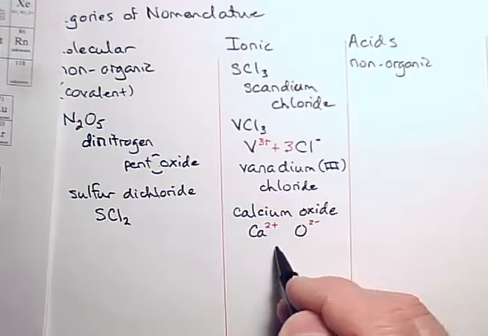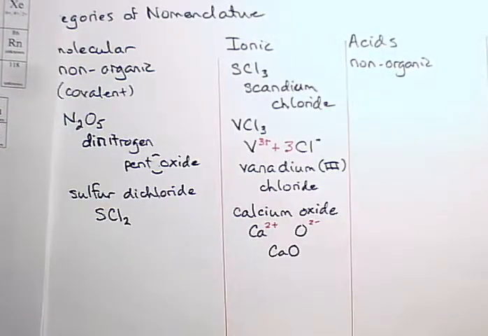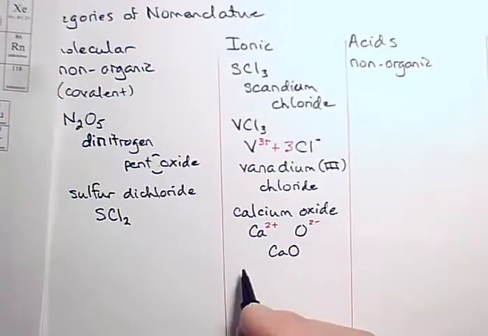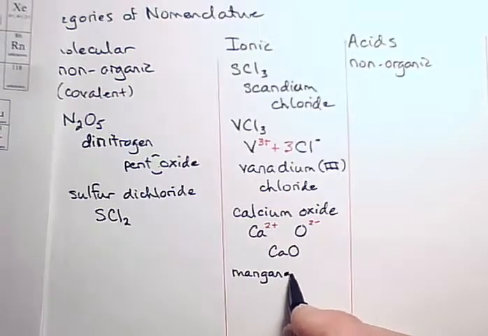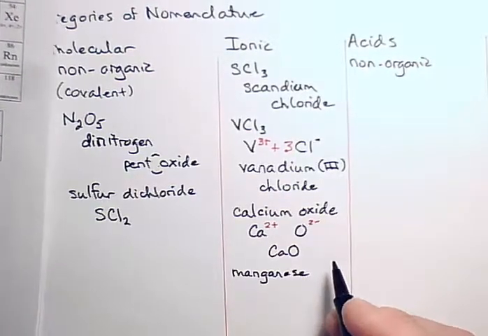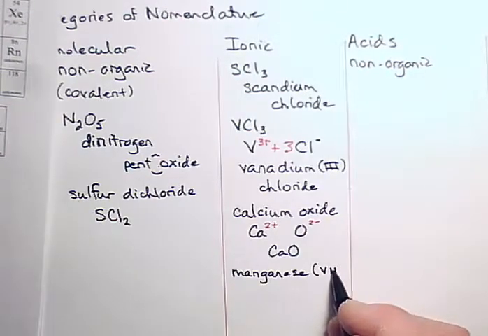So the formula for calcium oxide is Ca capital O. Okay? That's calcium oxide.